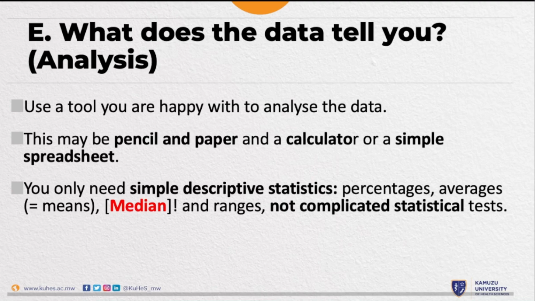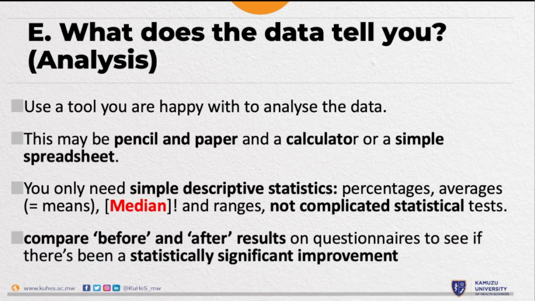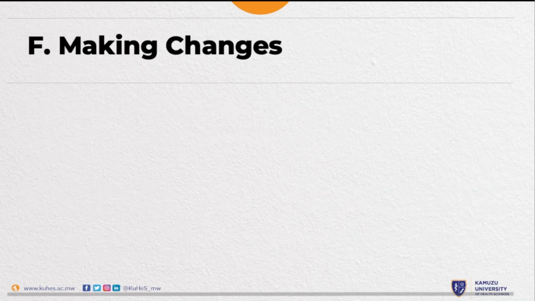So the next time you do an audit, when you are doing your statistics, look more at the median than the mean. Okay. And after you've done it, because you'll do it maybe twice or three times, you can also compare before and after to see whether the difference was significant or not.